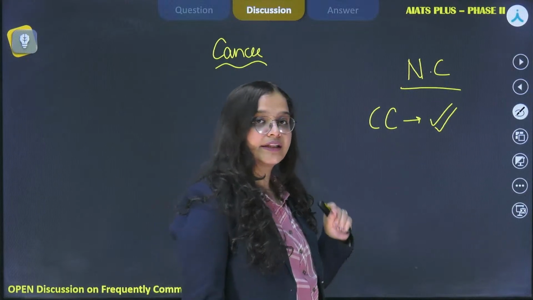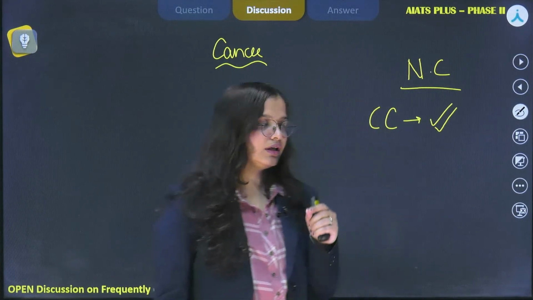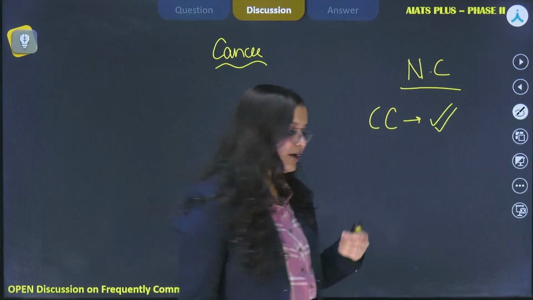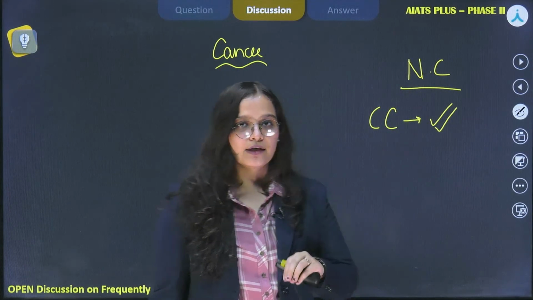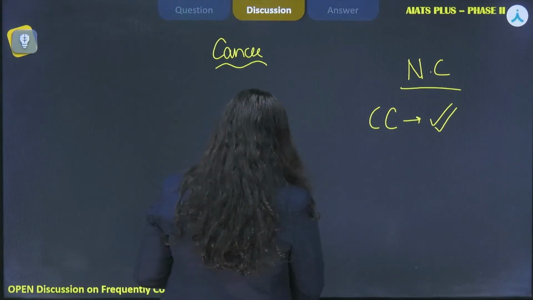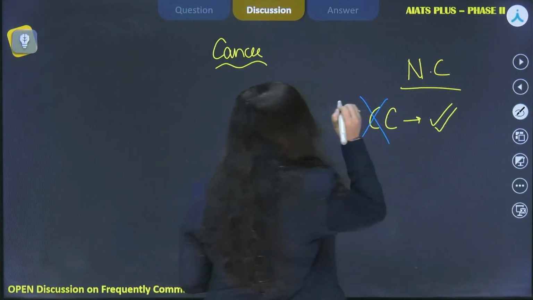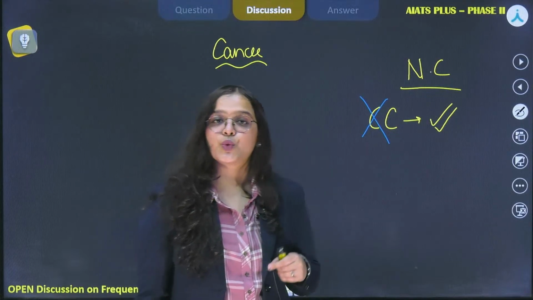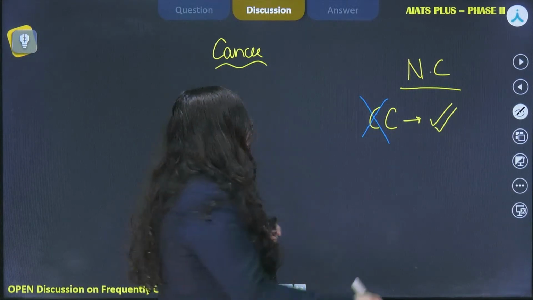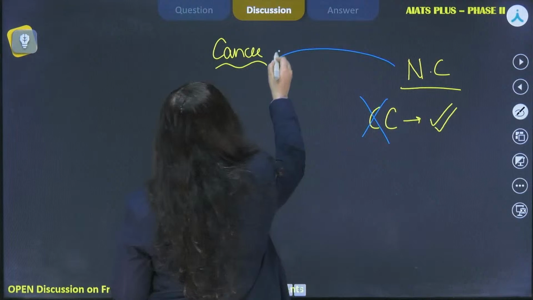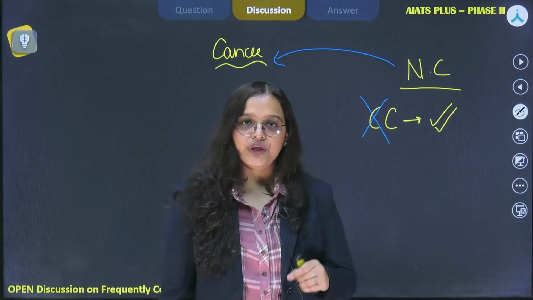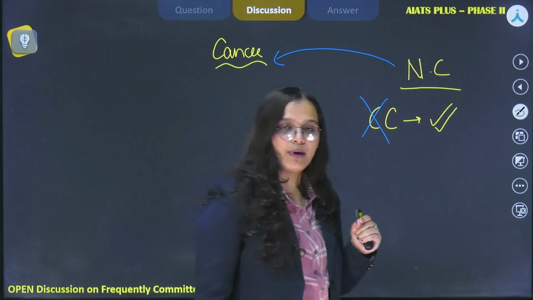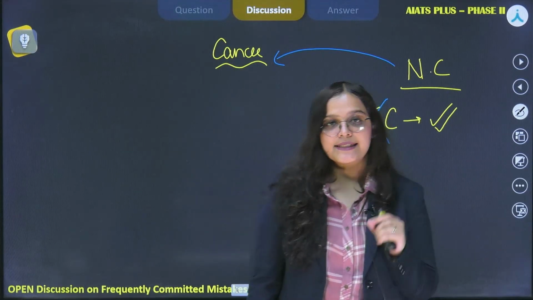But if there is, by chance or via various sources, any disturbance in this cell cycle, then it can give rise to a condition which is known as cancer or tumor formation, which is characterized by uncontrolled cell growth.